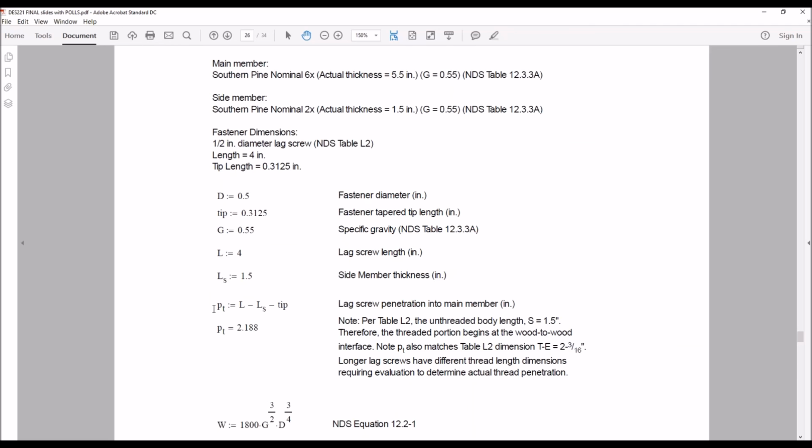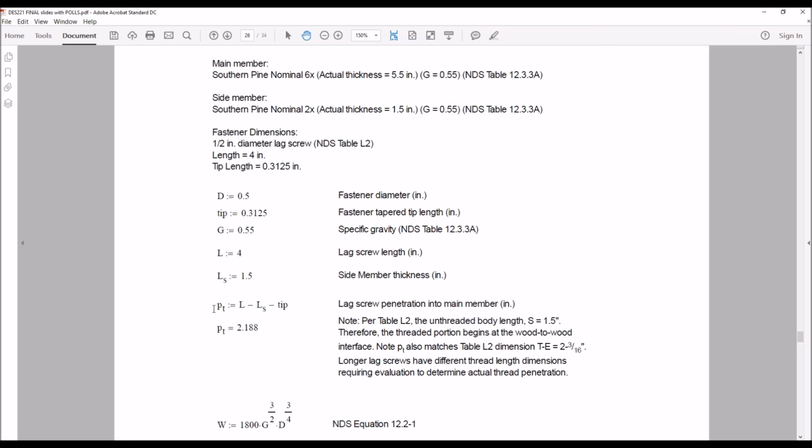Another question came in about the tip and including that in the length. How does that relate to lag screws and nails, including the tip? It depends on what kind of fastener you're using, and it depends on what kind of loading. Let me grab my NDS because I don't remember all of them off the top of my head.